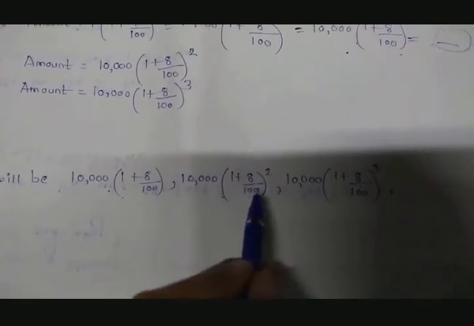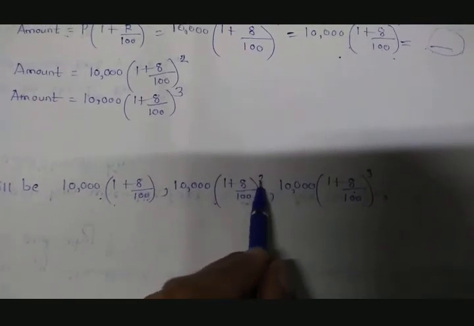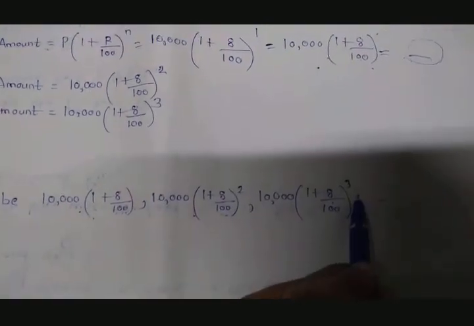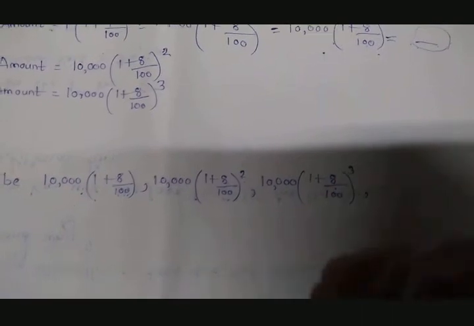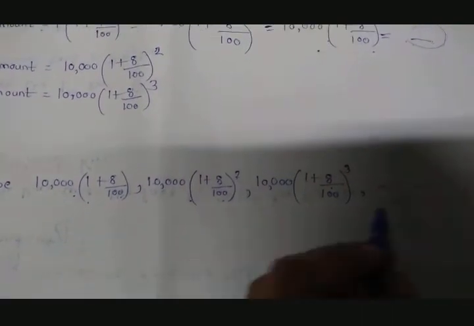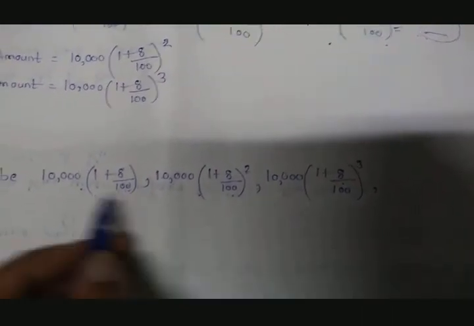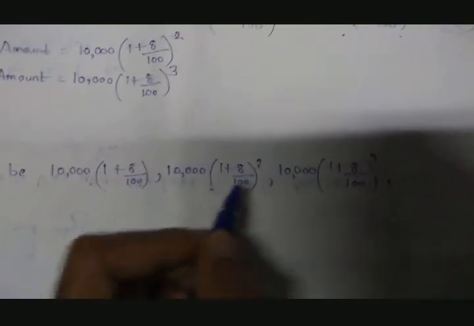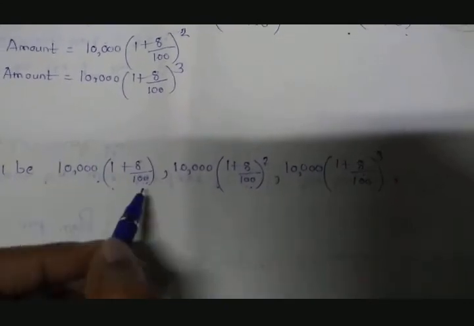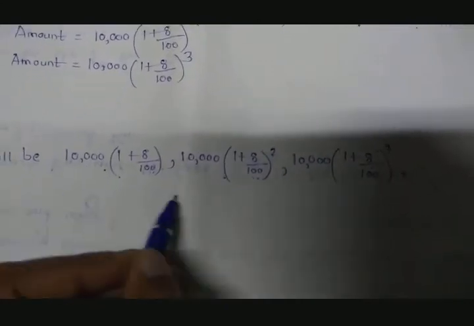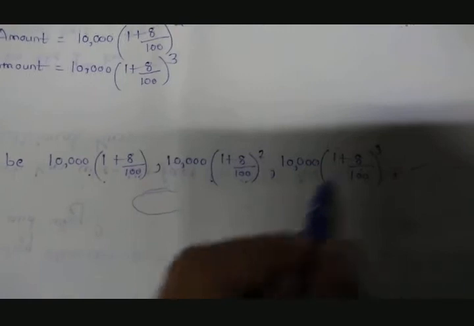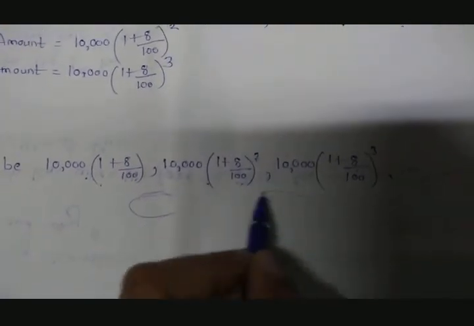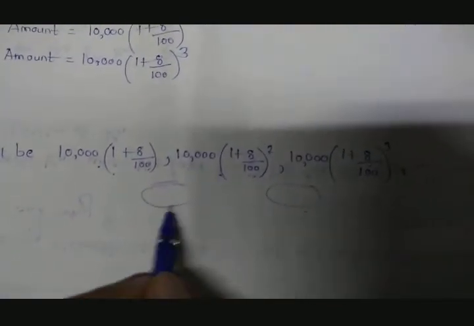From the first year to the second year, and the third year, you are getting a much bigger amount. If you observe, there is no common difference here. If you calculate these values and subtract them, you will get some value, and if you subtract the next pair, you will get a different value, and these two values will be different.